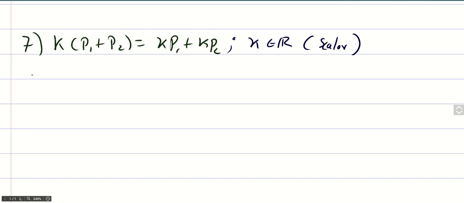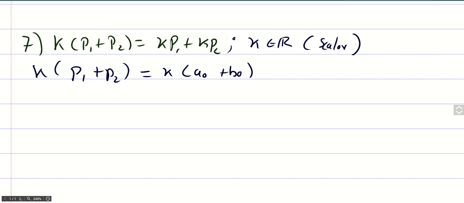Multiplying k by the vectors p1 plus p2 will be k times a0 plus b0 plus a1 plus b1x, and this is defined in the usual way.